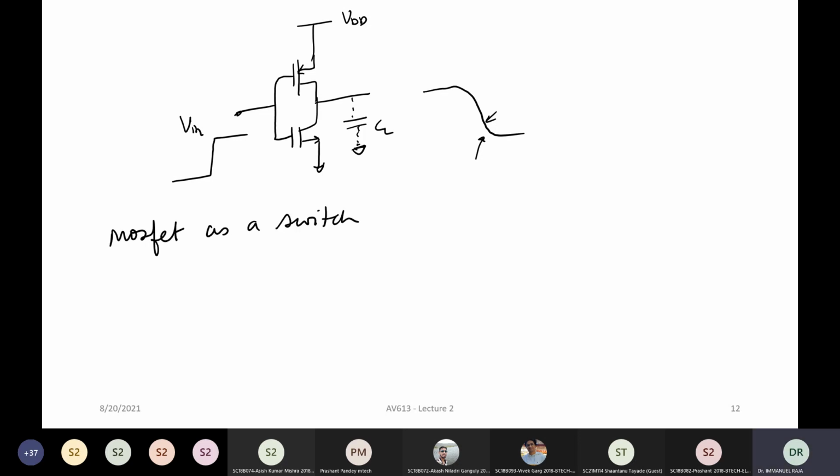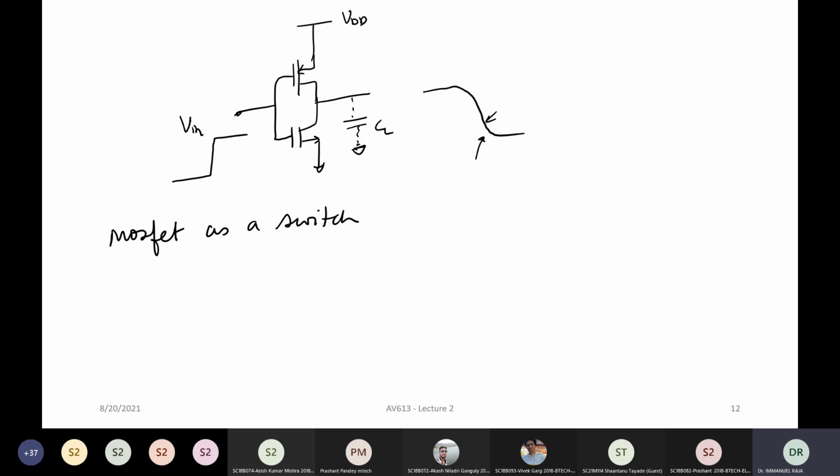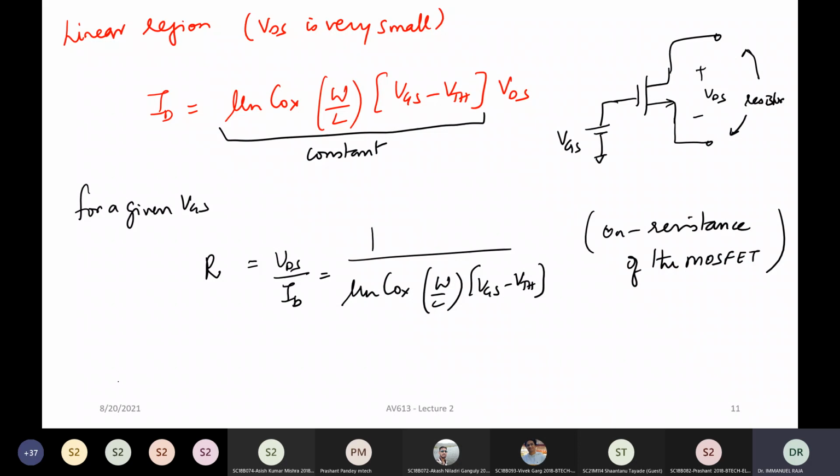And as long as your on resistance is really small, you can model it as a resistor whose value is like this. So equivalently, in this region, you can say that this capacitor is discharged through this resistor, and the value of this on resistance is what is given here.